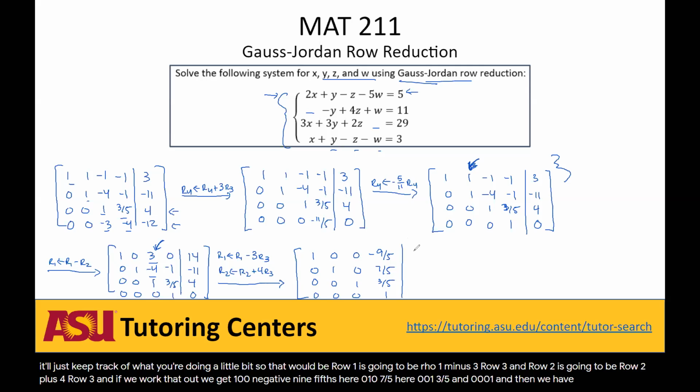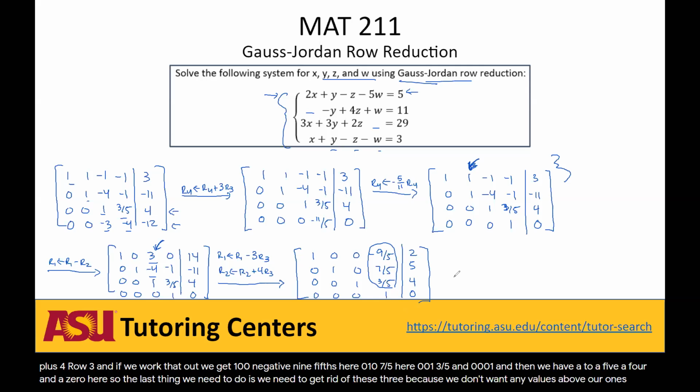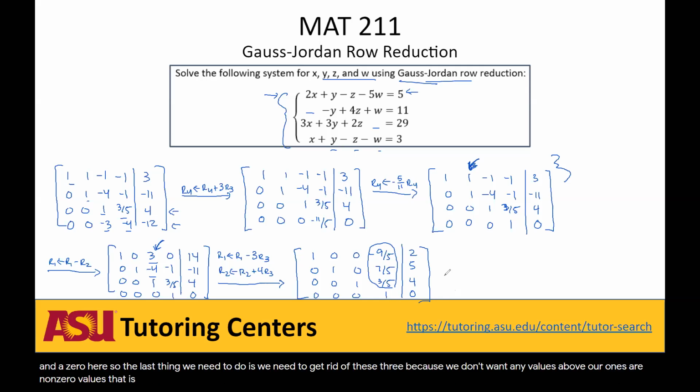And then we have a 2, a 5, a 4, and a 0 here. So the last thing we need to do is get rid of these 3 because we don't want any non-zero values above our 1s. In this case, we're just going to add or subtract a multiple of this row to each one. Usually by the time you get to this point, it's fairly simple to do.